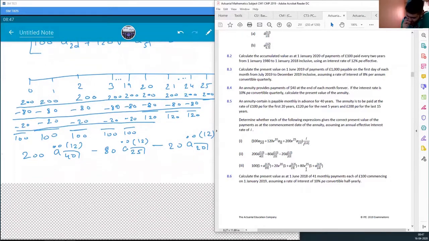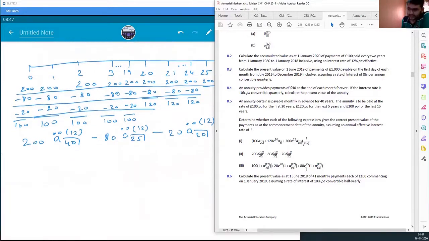Now why is that? Because we have a relationship: ADU n is 1 plus V square till V raised to n minus 1. And if I say AN, that is V plus V square plus V cube till V raised to n. These were our equations.